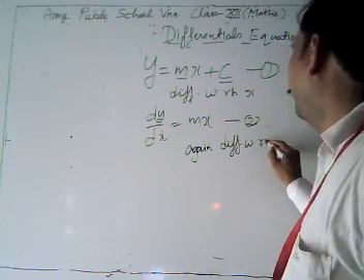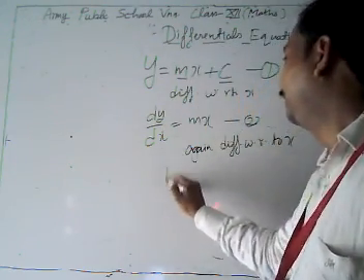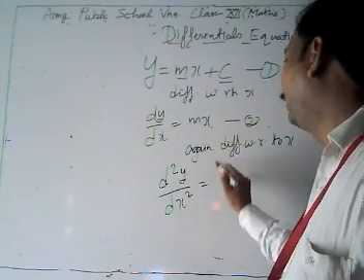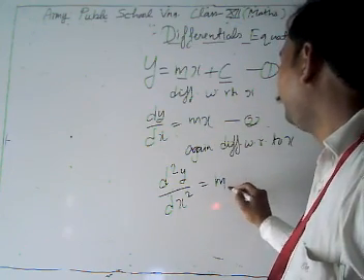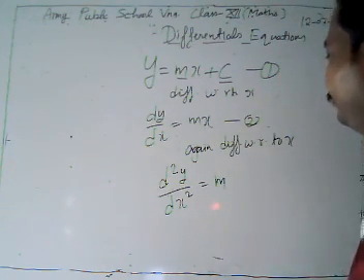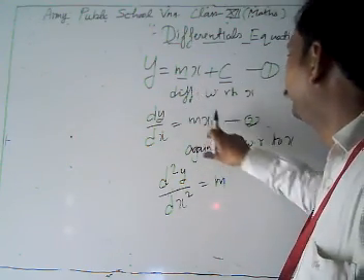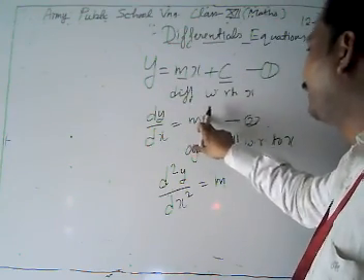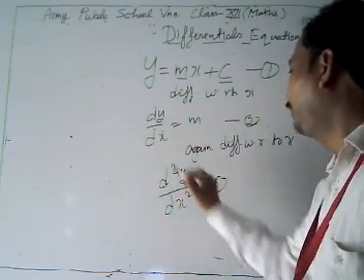Now we are going to differentiate again with respect to x. Then what do we have? d2y/dx2 is equal to what? Sorry, first of all when we differentiate, we get dy/dx is m, and then differentiating again, we get 0.